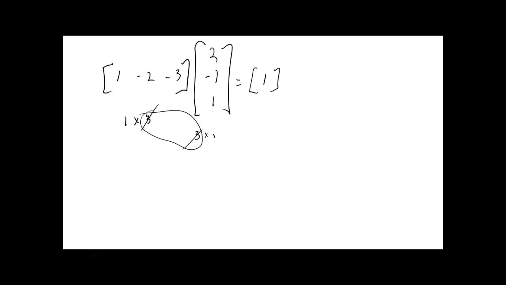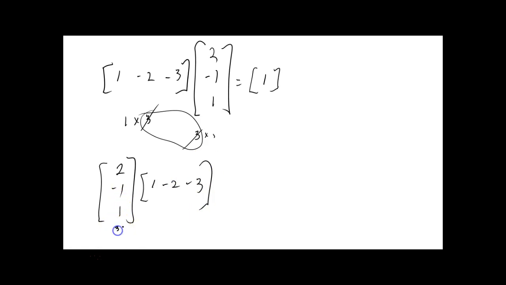All right, so let's do E. It's sort of the reverse of that. In fact, it's exactly the reverse. 2, -1, 1, multiplied by 1, -2, -3. Can you multiply those two?